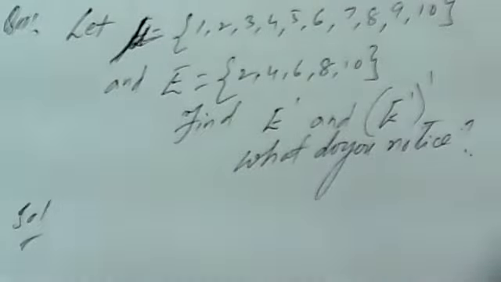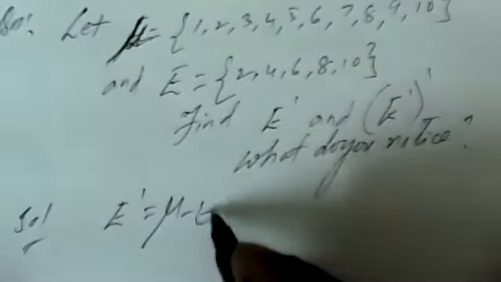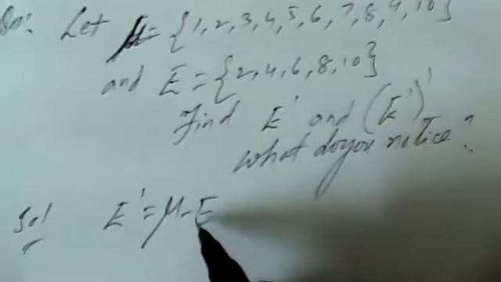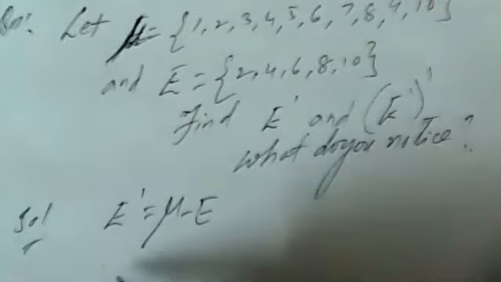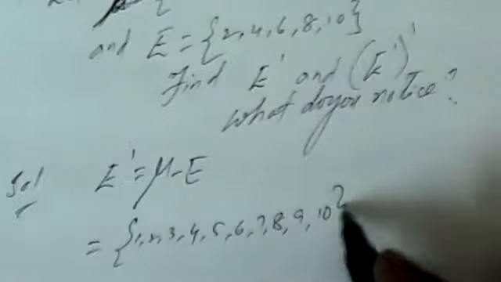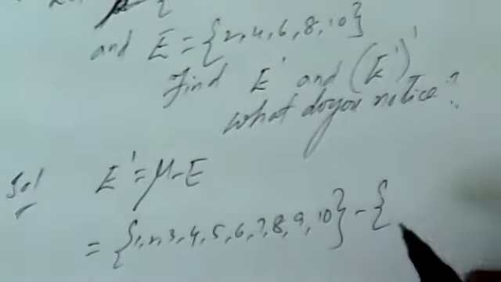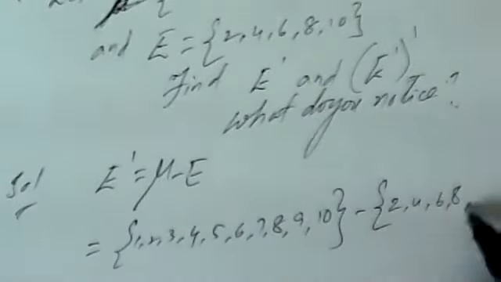E complement is nothing but mu minus E. It is the difference of mu and the given set E. So this is equal to mu, that is 1, 2, 3, 4, 5, 6, 7, 8, 9, and 10, minus set E, which is 2, 4, 6, 8, and 10.